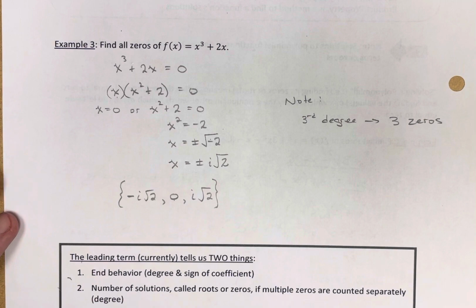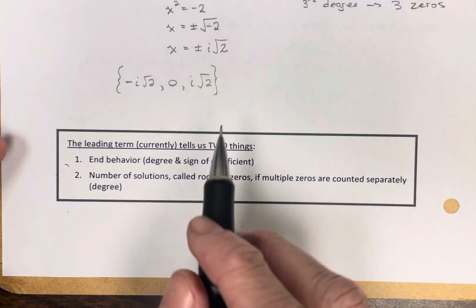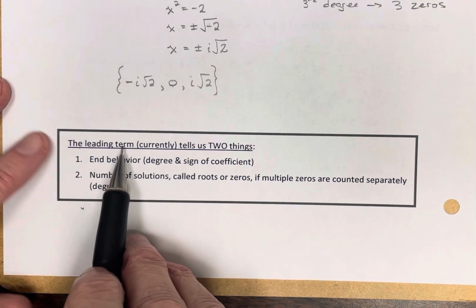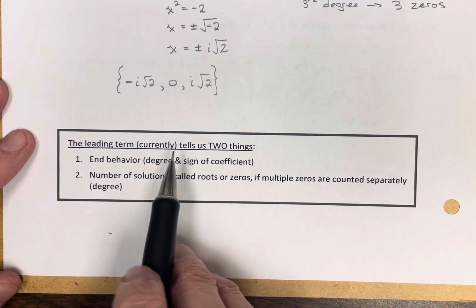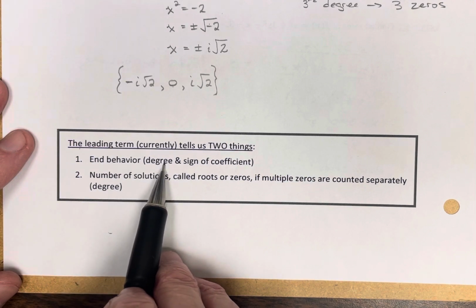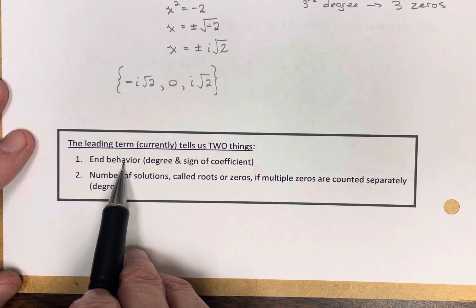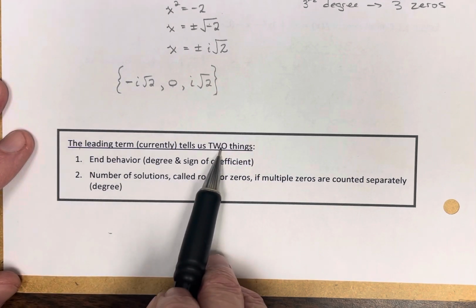Okay, so let's pull that together. That's how you find the zeros using factoring. And let's add to our list of what that leading term tells us. We learned in a previous video, the leading term tells us the end behavior. Using the degree and the sign of the coefficient, we know the polynomial's end behavior from the leading term. We're going to add something to that. Now we know it tells us 2 things.